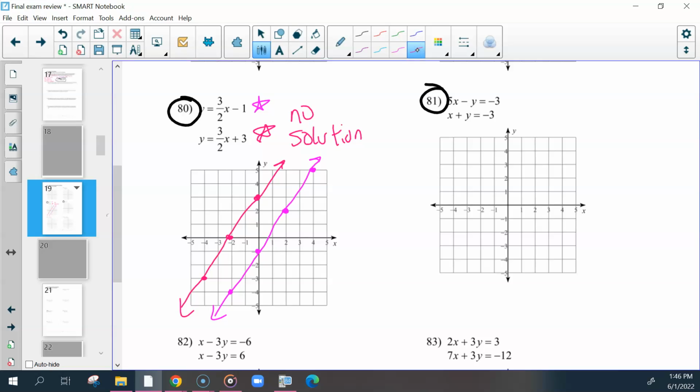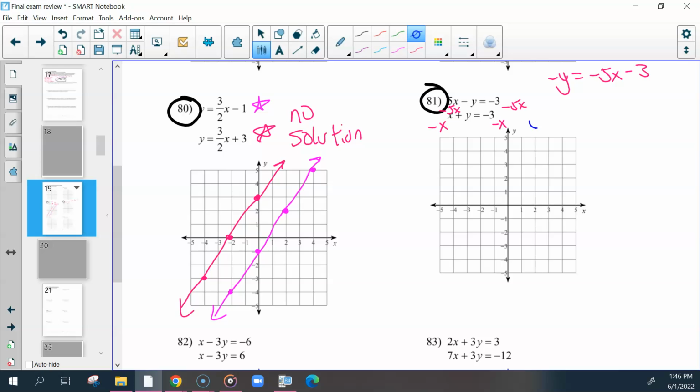For number 81, these are both not in slope-intercept form. We need to convert them. So I'm going to kind of do that both at the same time. Subtract 5x from the first one. Subtract x from the second. We have -y equals -5x minus 3.